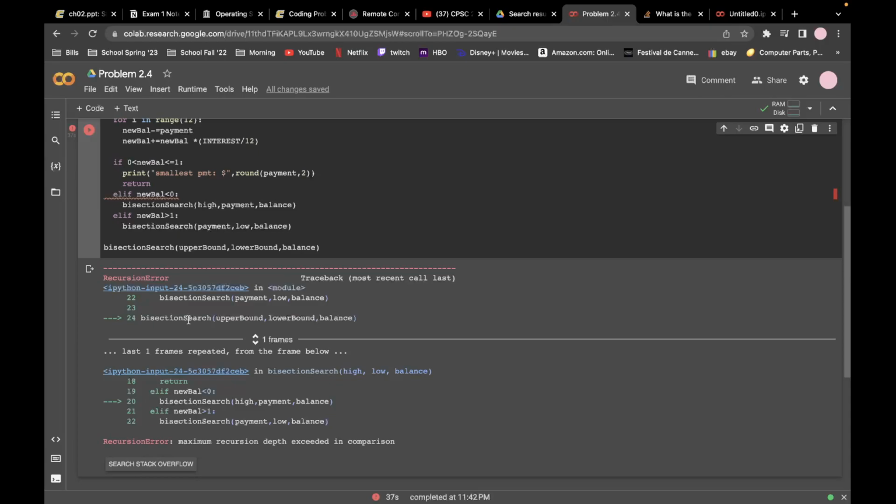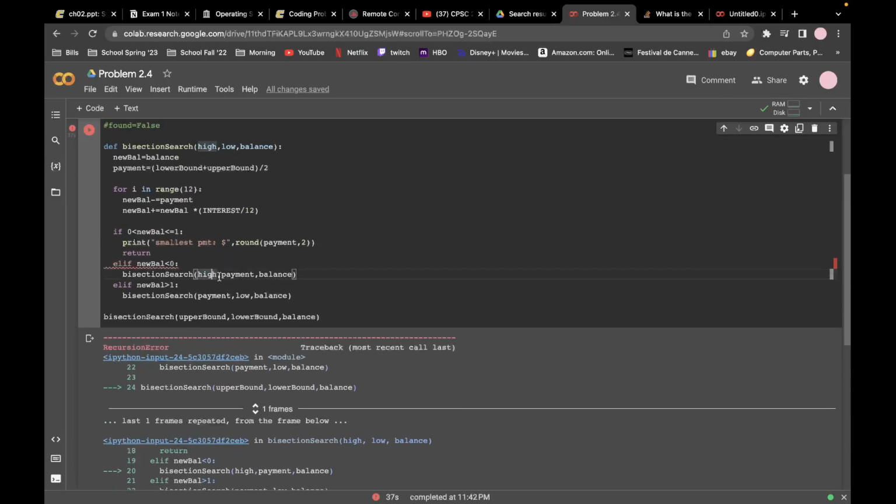Yeah, I just don't know what's happening. So if it's less than 0, we want the payment to represent the high bound. I was just trying to see if that would get it to compile at least. But logically, I know this is right.